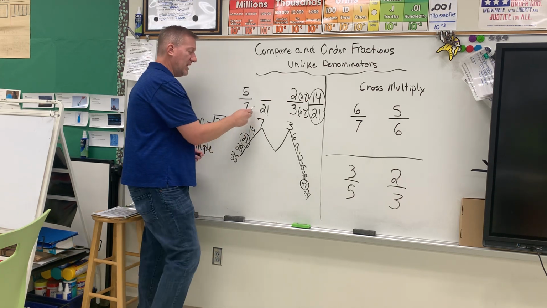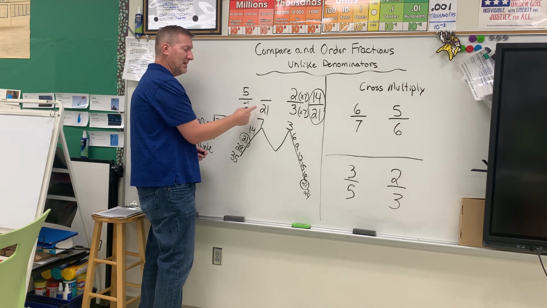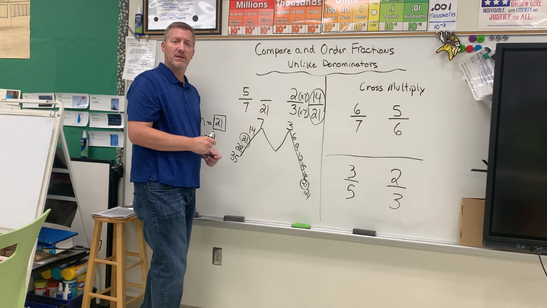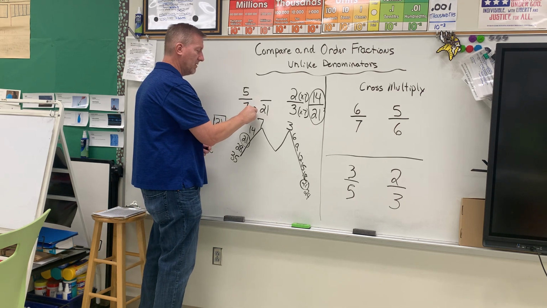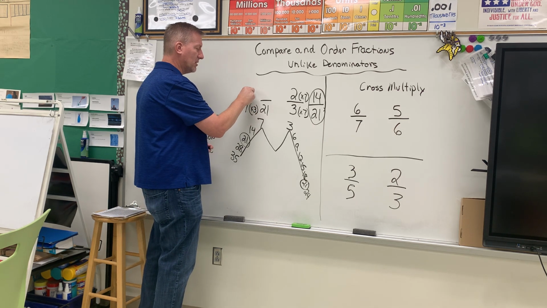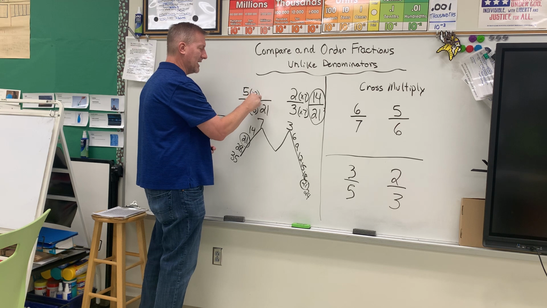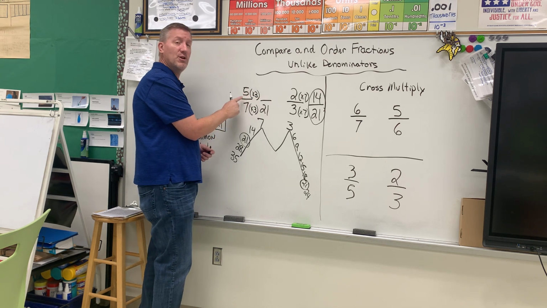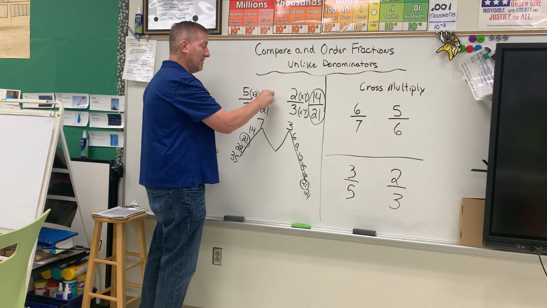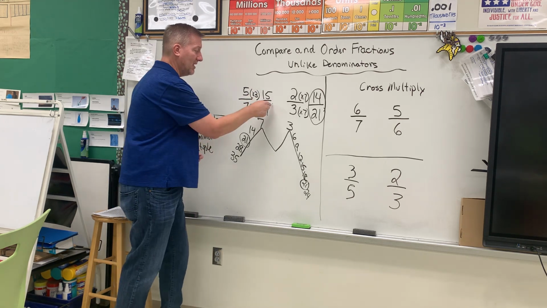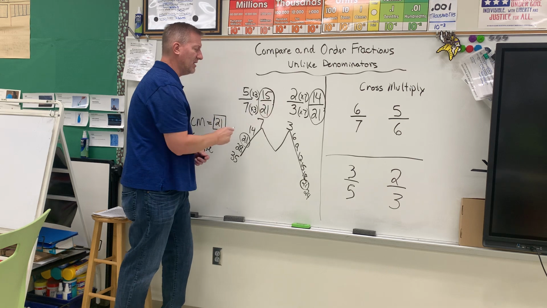Okay, so over here, what times 7 gets me 21? You're right, 3. So I'm going to multiply both sides times 3. So up on the numerator, 5 times 3 is 15. Here's my new fraction over here.